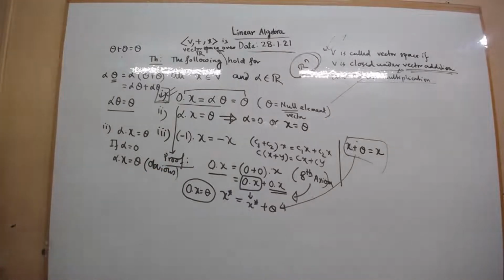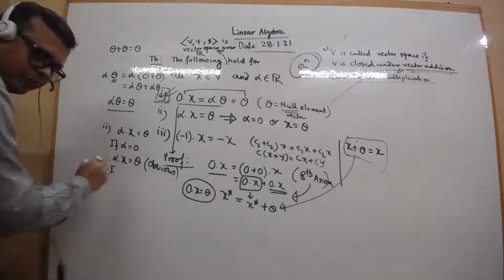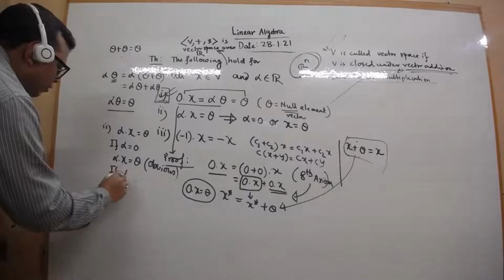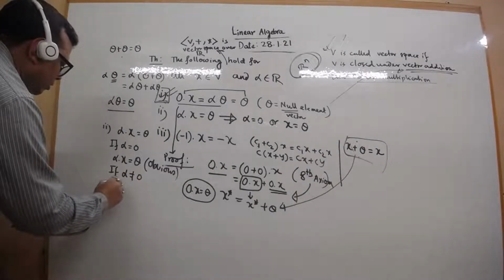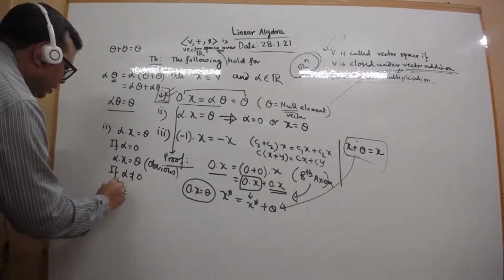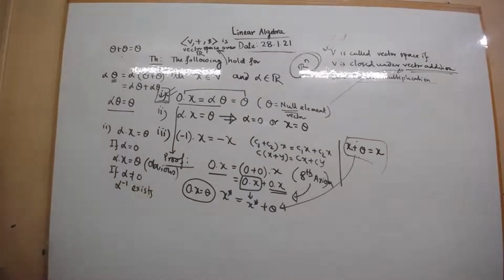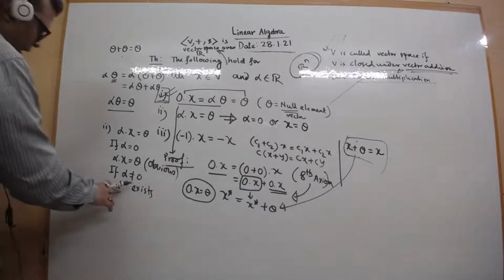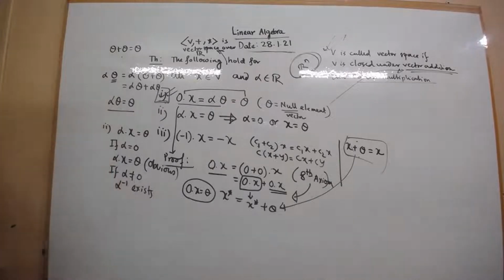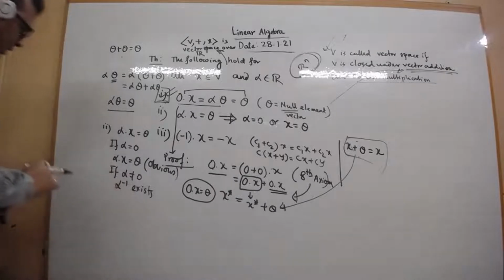Now, if alpha not equal to 0, then alpha inverse exists because R is a field under addition and multiplication. So inverse element exists. So alpha inverse exists.